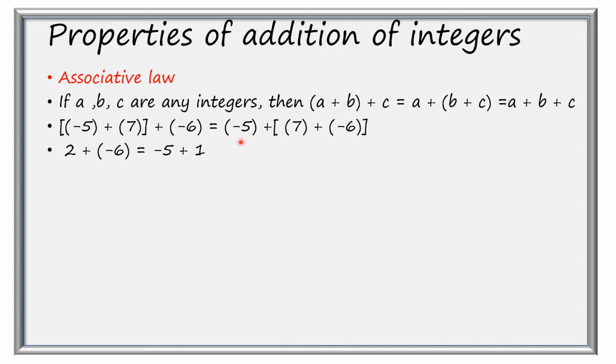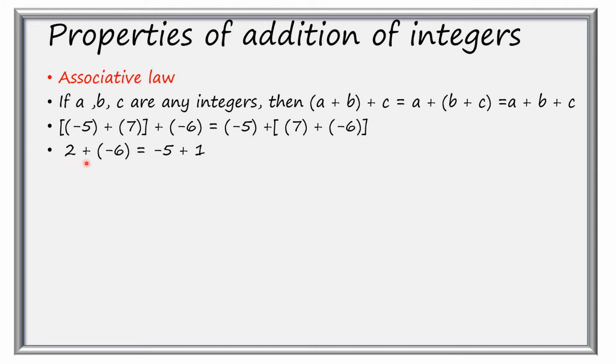Similarly on the right, minus 5 as it is, we solve this first: 7 plus minus 6. Because one is positive and one is negative, we subtract, 7 minus 6 equals 1. So on the left hand side we get 2 plus minus 6 and on the right minus 5 plus 1. Now we will solve both sides.